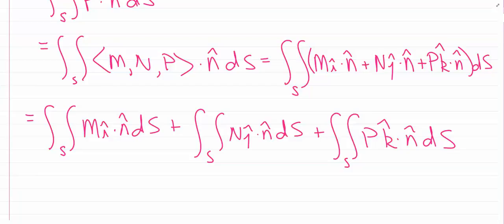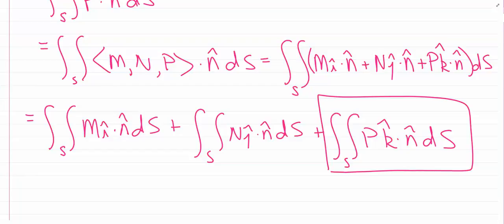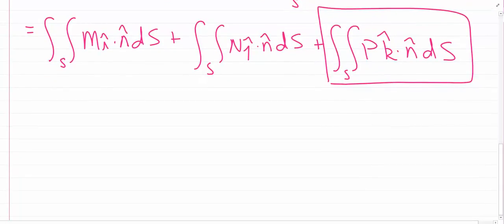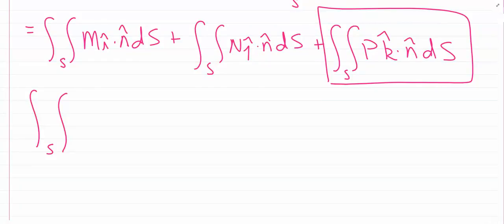Now, these three double integrals are pretty much the same. So what I want to do is focus in on this last one, and what I can do with that one, I can do with each one of these. So I'm just going to look at this last integral here and really focus on it and see what we can do in working with this surface, just this last part.